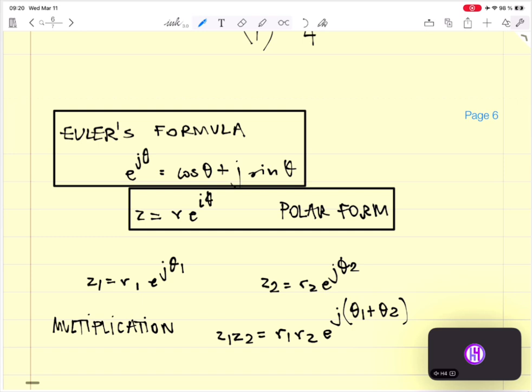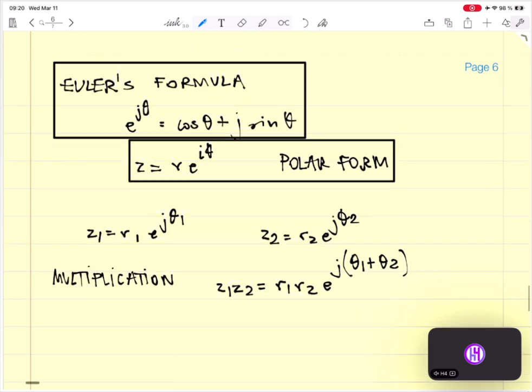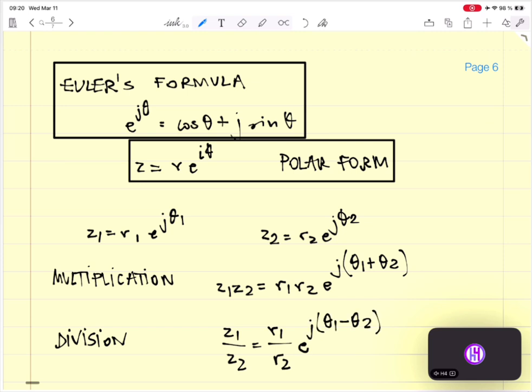The division again becomes a piece of cake, and so on.